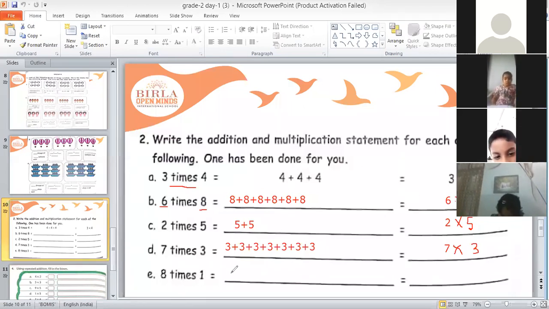8 times 1. So what will we write? We will write 1 8 times.